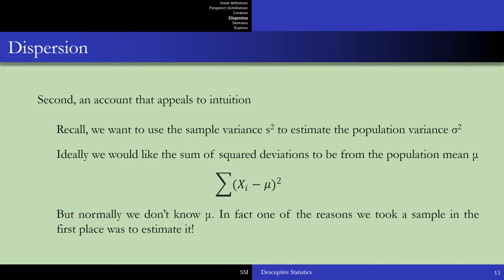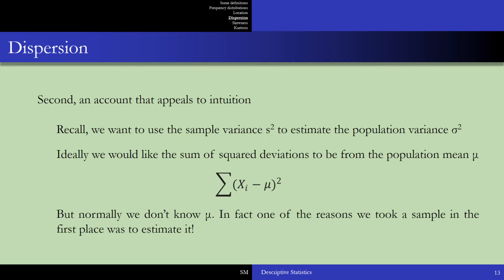If we use the population mean and calculate the sum of squared deviations, we would be basically summating for each of the observations in the sample the difference between itself and the population mean, squaring them.